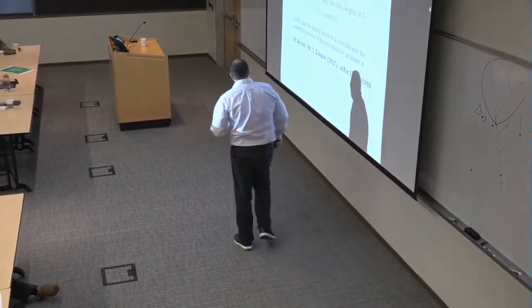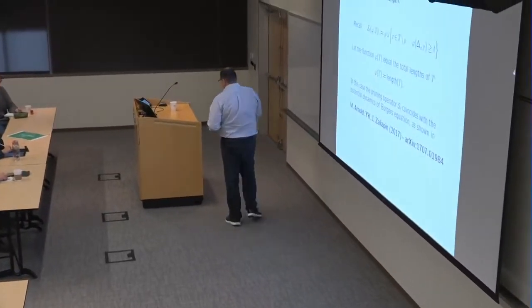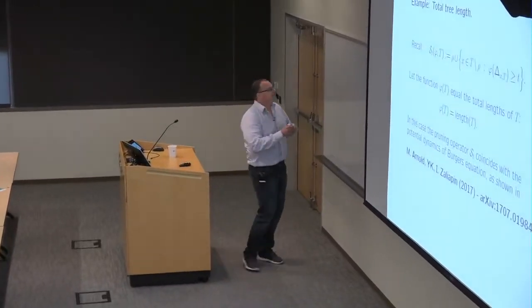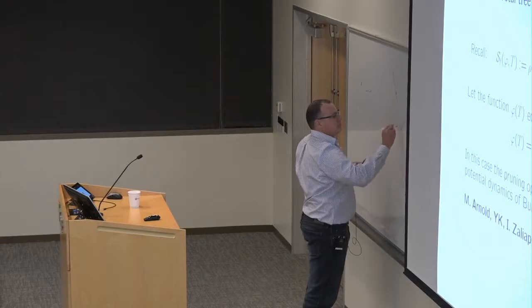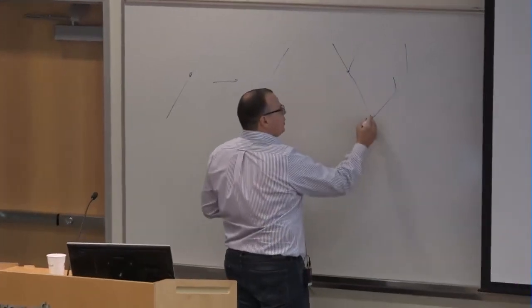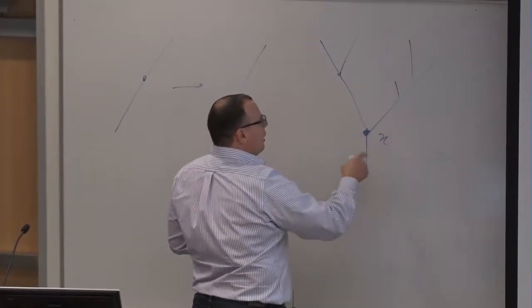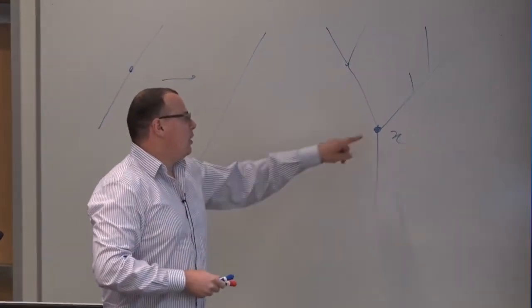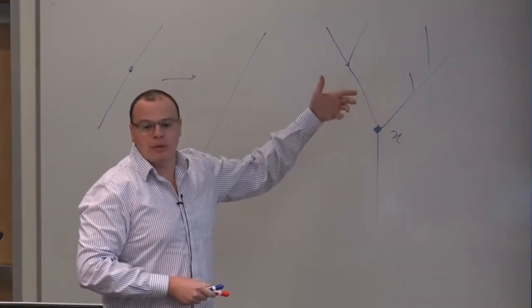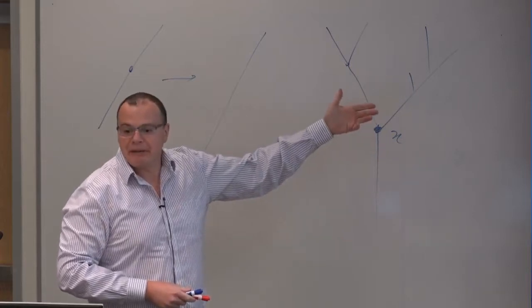So imagine a tree, and you consider one of the points x which are on the junction. So it's one of the points that we consider vertices here.